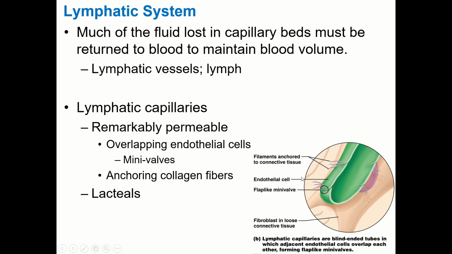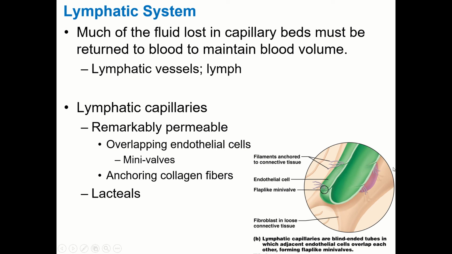That allows the fluid to move from being interstitial fluid out here to inside of these lymphatic capillaries. Once inside of a lymphatic vessel, that fluid becomes lymph. So increases in interstitial pressure force fluid inside of the lymphatic vessels.